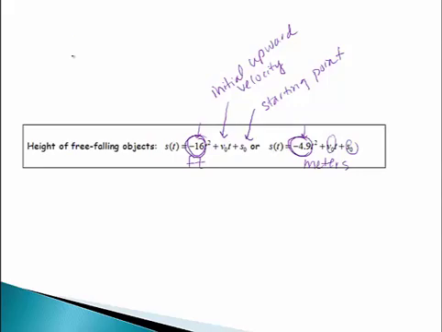So let's talk about where we would see these in the past. We did a lot of these in Algebra 1: somebody standing here throws an object up in the air, and at some point it's going to have to start coming back down. That initial upward velocity is the one in the middle, and they usually give that to you in the problem.